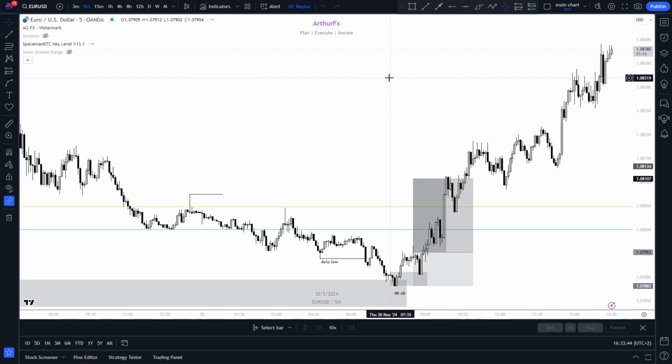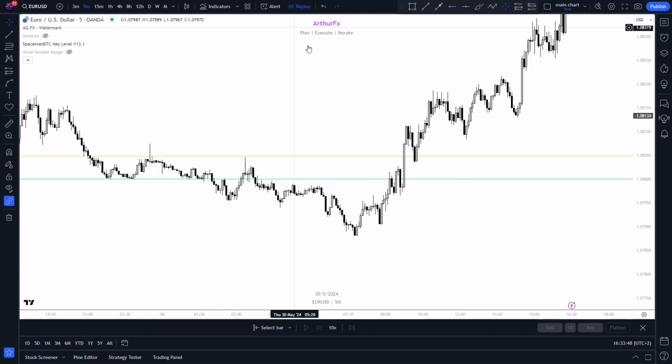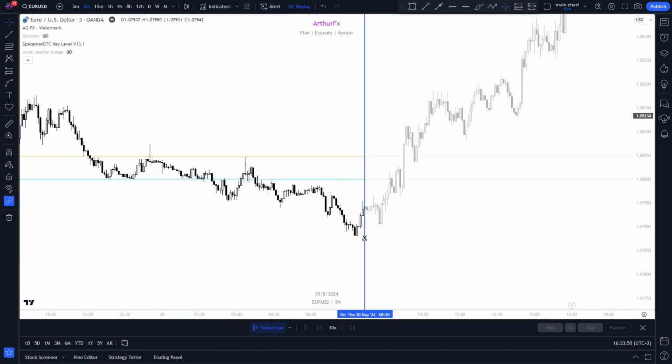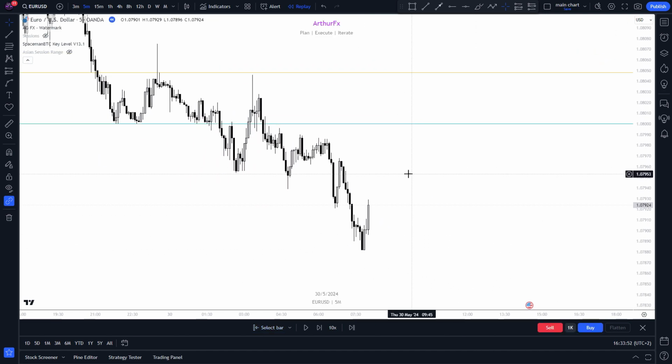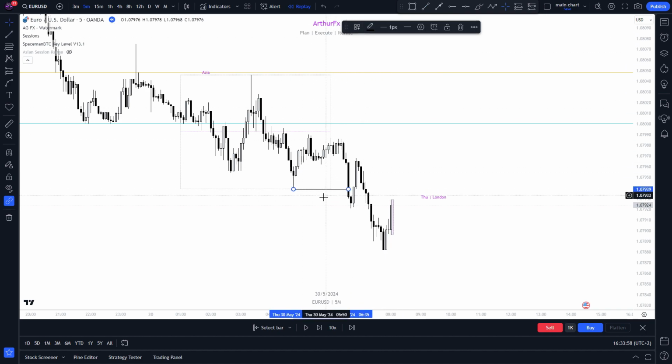So let's just hop on EU and go back to the London Open. So right here, as you can see, we had the same thing as DXY. We had our Asia sweep.